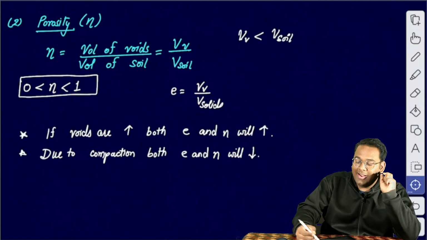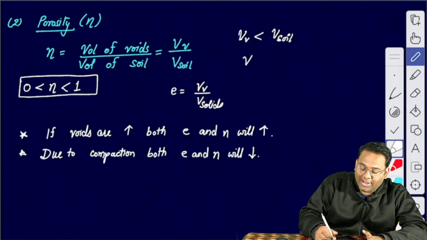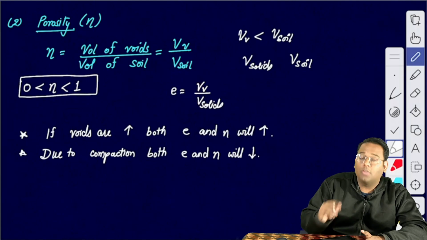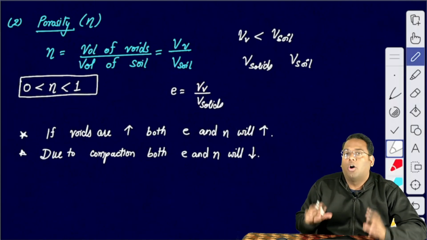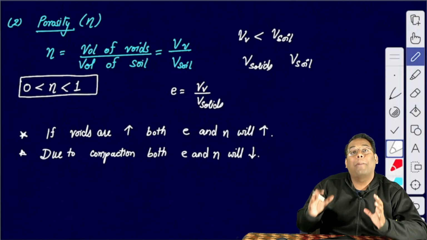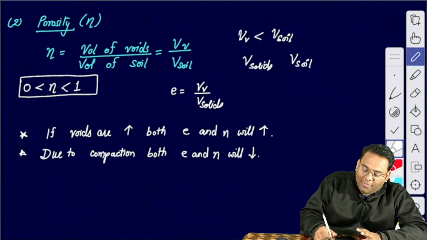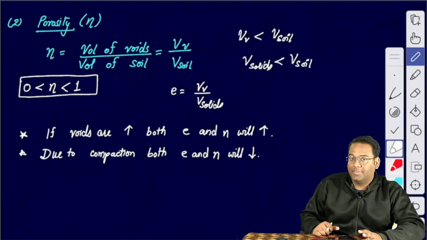Yes or no? And if I ask you which one is bigger and which one is smaller, is volume of soil bigger or will volume of solids be bigger? Obviously, solids are actually a part of soil. So hence, volume of soil will always be more. Yes or no?